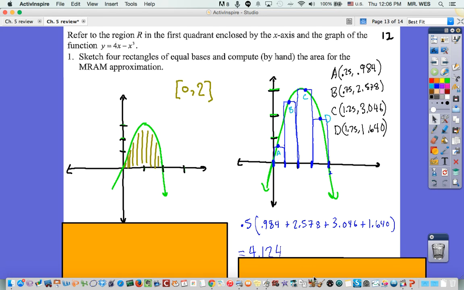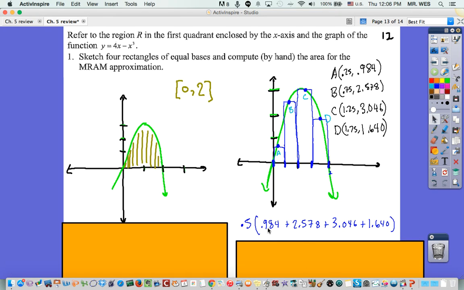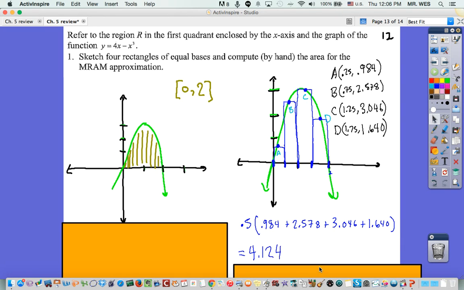So when I did it out, I decided to add all these out, and I factored out the 0.5 because 0.5 was really multiplied by all of these. And then I plugged it in my calculator, and I got the estimated area of 4.124.